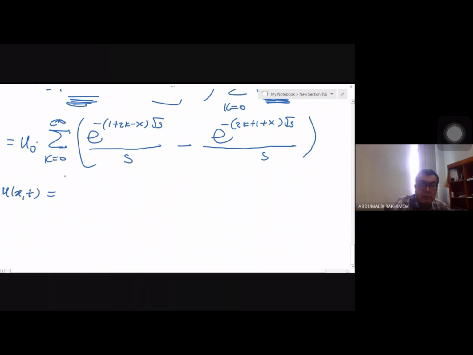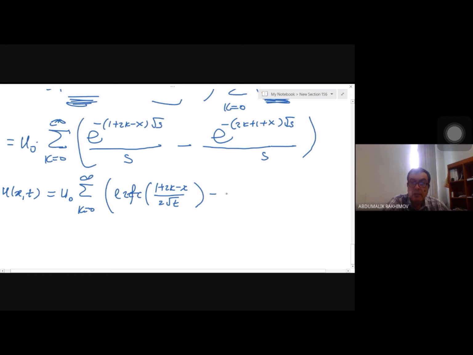Now, inverse of this: u0 is u0, summation is summation, right? So what about first? This will be the complementary error function. What is it? 1 plus 2k plus x minus x, sorry, over 2 root of t.